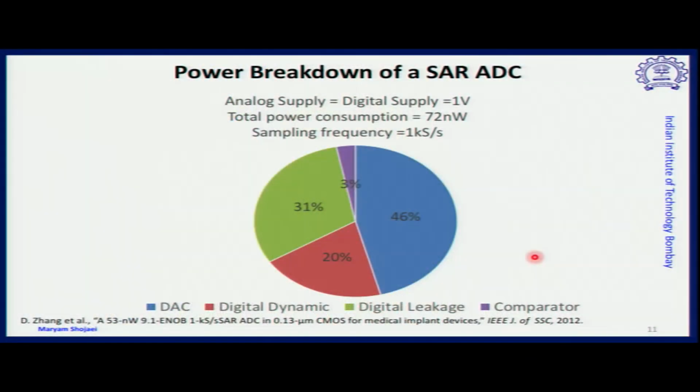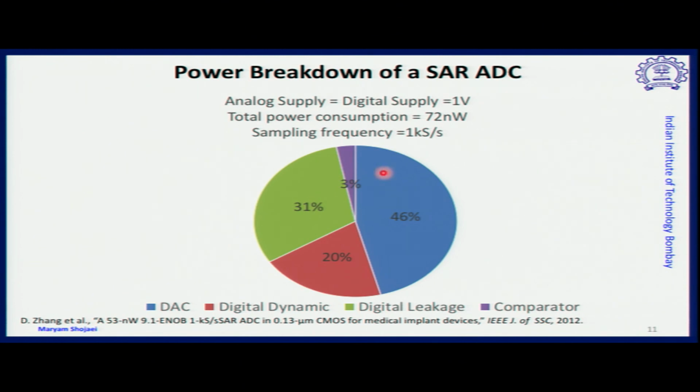To get some idea, one of the published works related to this matter is referred to here, from D. Zhang, published in the IEEE Journal of Solid-State Circuits in 2012. It is about the implementation of a 9-bit, low energy SAR ADC with a sampling rate of 1 kilosample per second in 130 nanometer CMOS technology.